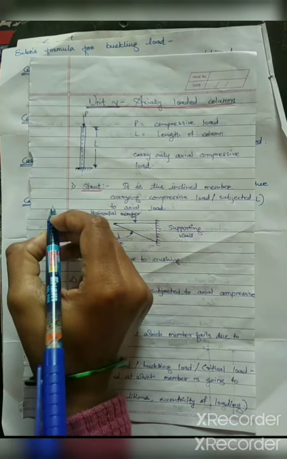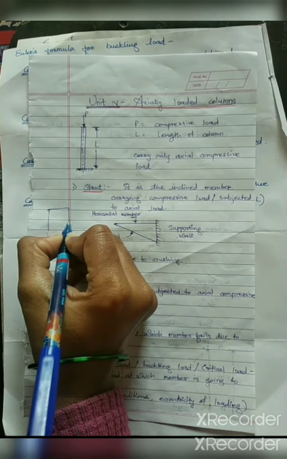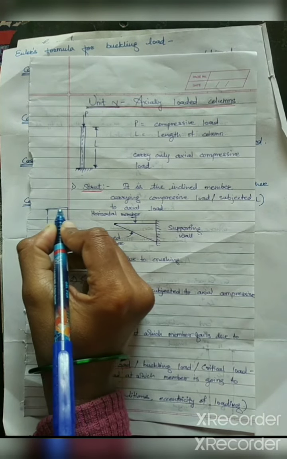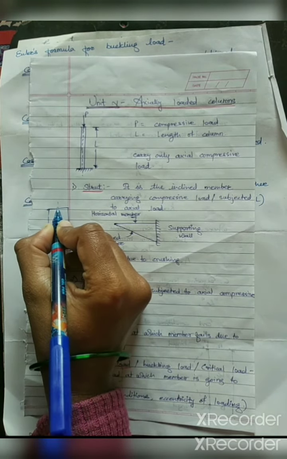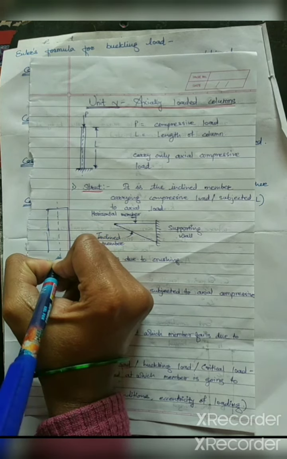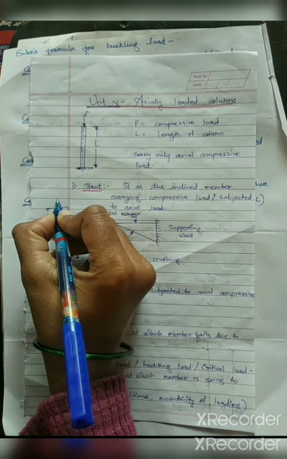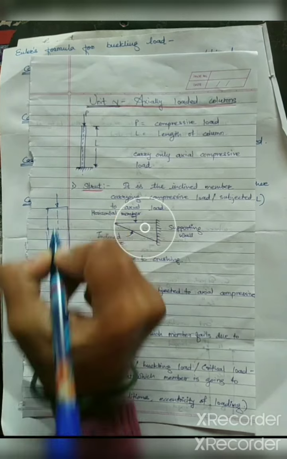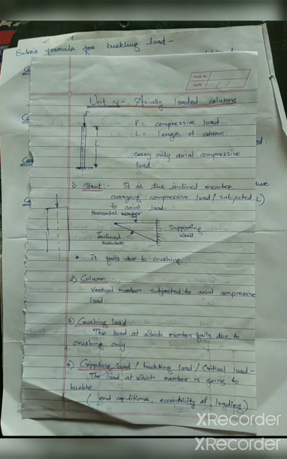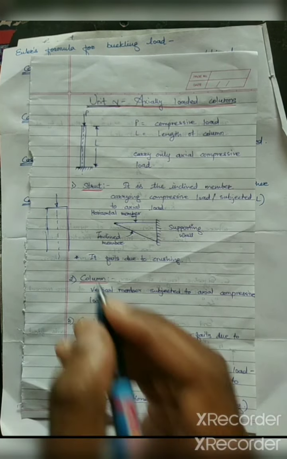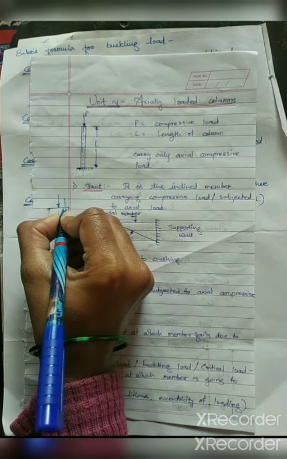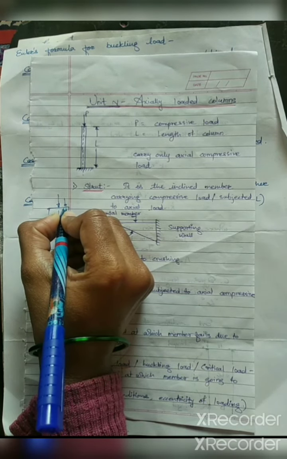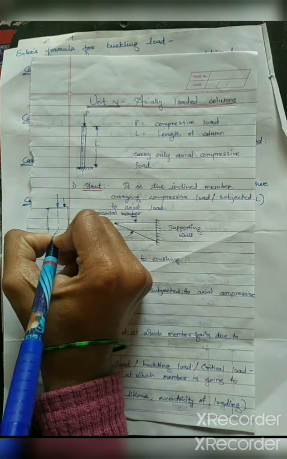Eccentricity of the loading means, suppose this is the column, this is the top surface of the column, and here the axis of the column passes. If the load is acting on the axis, then eccentricity is 0. Eccentricity is the distance between the point of application of the load and the axis of the column.